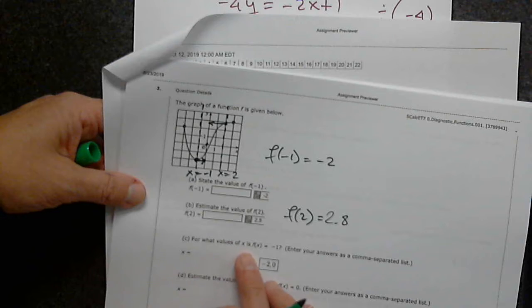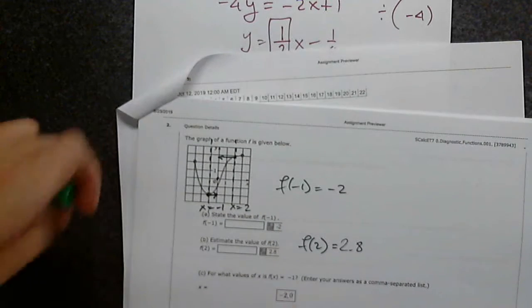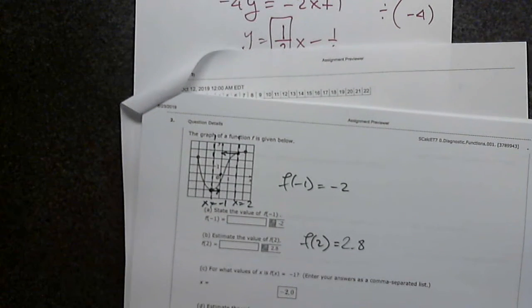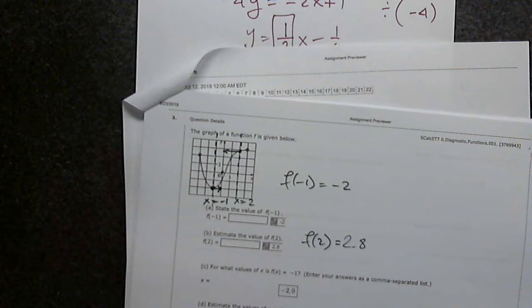So for what values of x is f of x equals -1? In this situation, what do we need to do? We need to draw a line. f of x equals -1. What does that mean? Exactly. y equals -1.